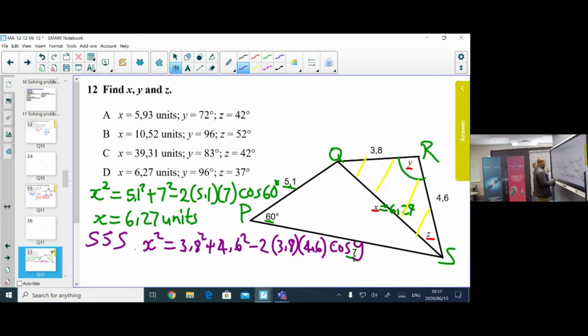Okay. So in this case, our small x is actually opposite the angle y. So hence the difference in the letters. So it could have been big y here and small y here. But being that it's an unknown angle, we use a y, another letter.